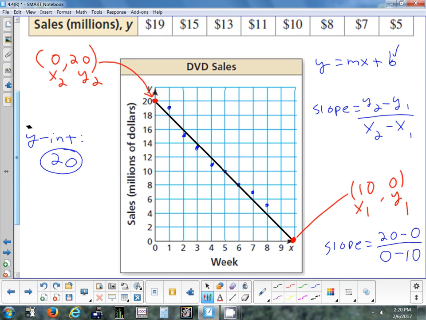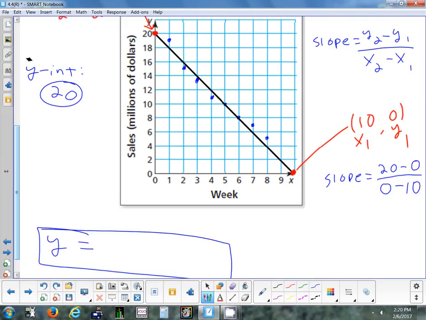Okay, so let's work that out and see what the slope is. Maggie, what's 20 minus 0? So we get 20 divided by 0 minus 10. How much is that? Negative 10. Right? 0 minus 10 is negative 10.